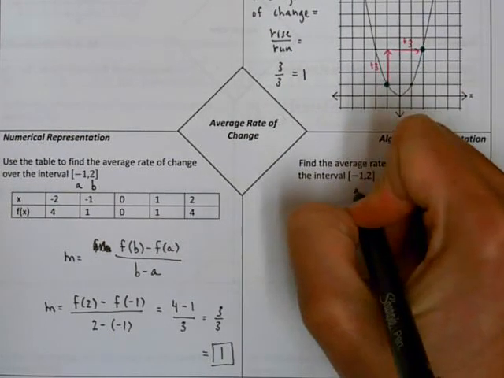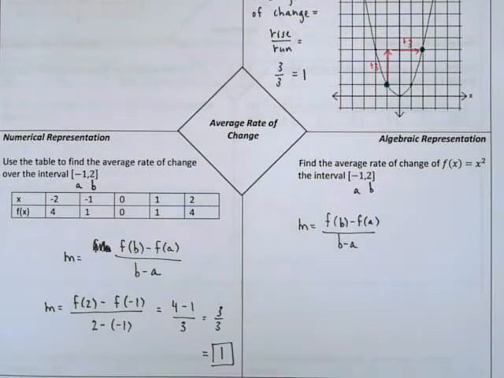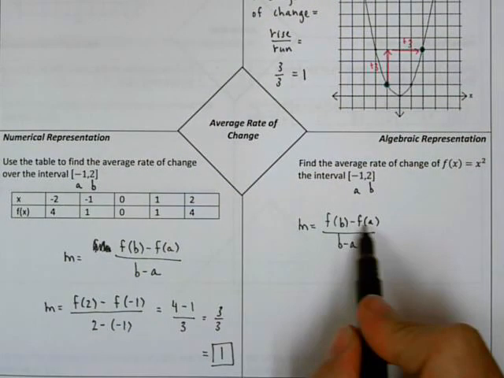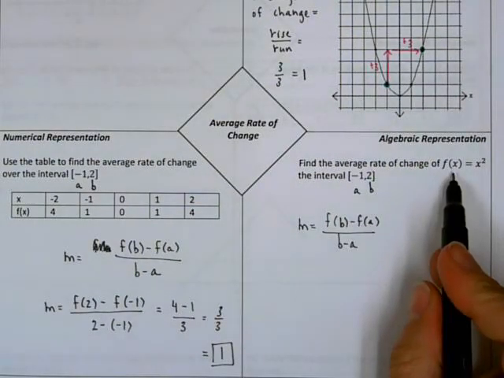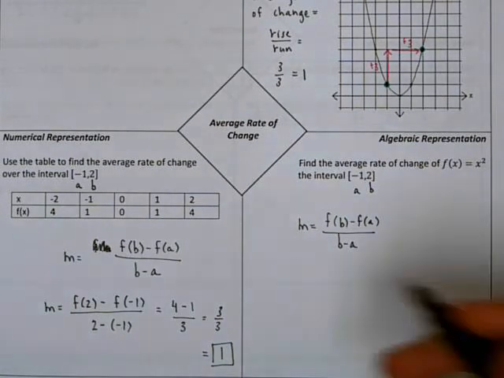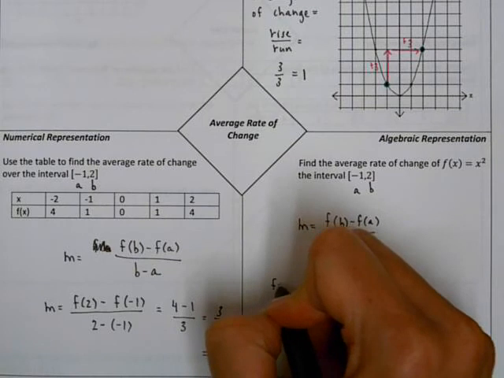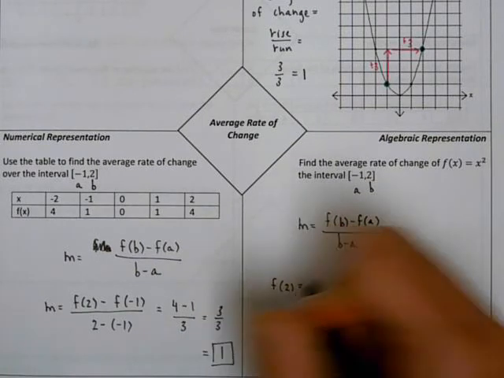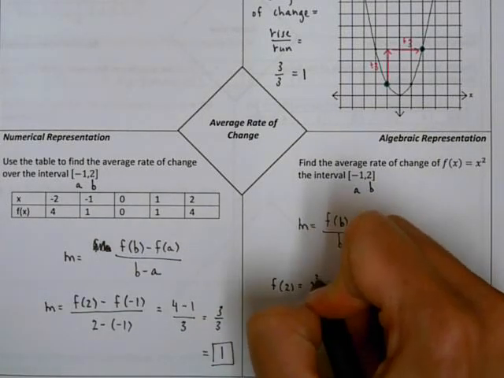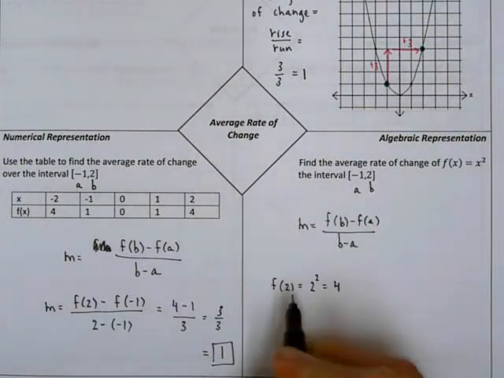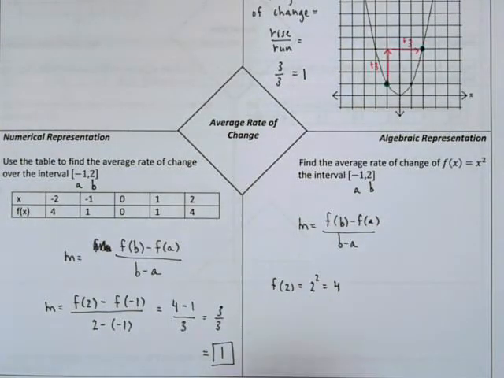My interval here is where I get my values of a and b. But now to find these values, I just have to do some calculations. These are simple, but just to illustrate the point, if I want to find f of b, in this case f of 2, I would plug in 2 to my equation, and I would get 4 for that value.